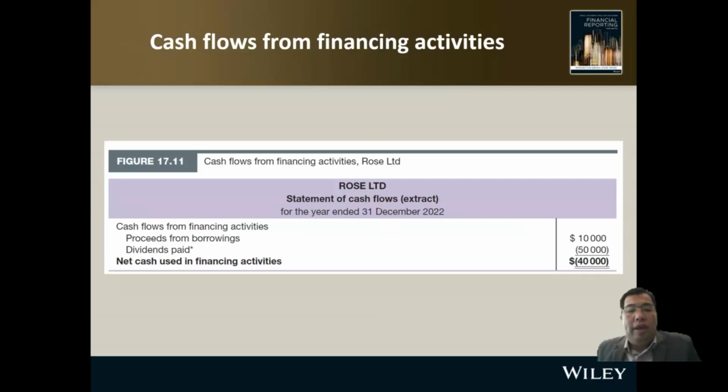If you look here, from your financing you also have borrowing of 10,000. It's given from the question: borrowing 10,000, and you paid dividend 50,000. So your net cash used in financing is negative 40,000. This means you pay a lot for your dividend, but you borrow money, 10,000, and then you pay dividend, 50,000.